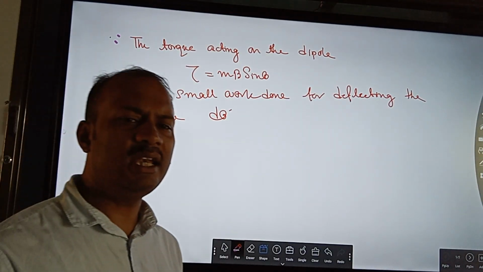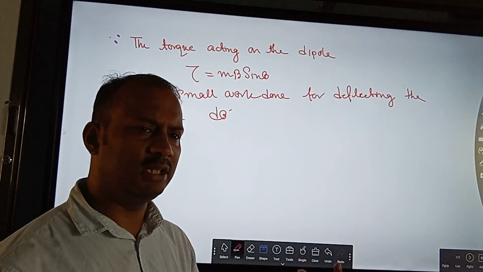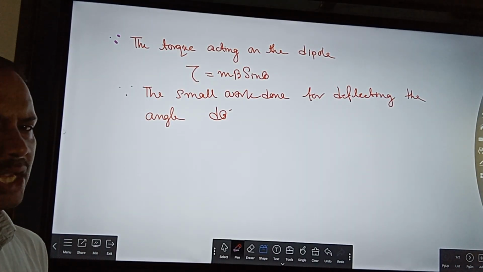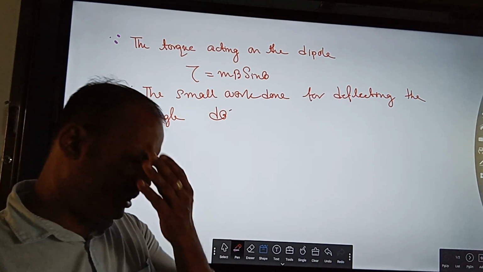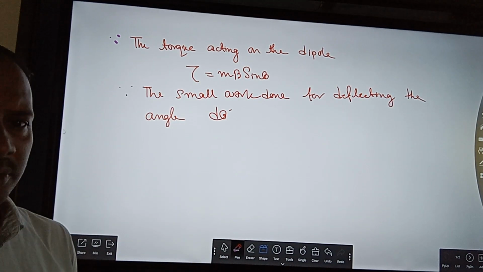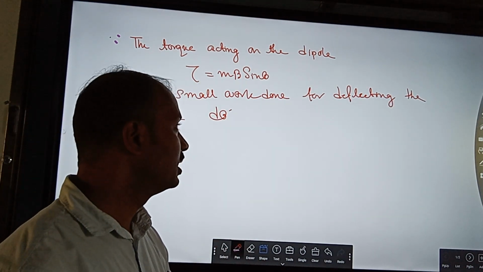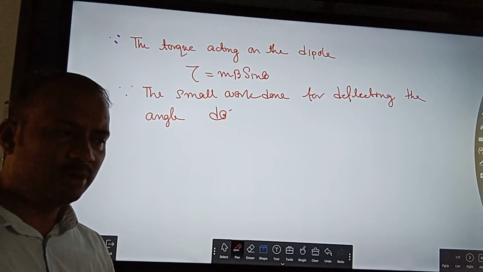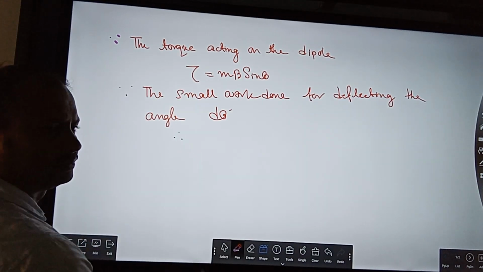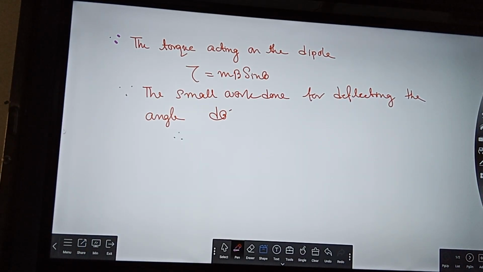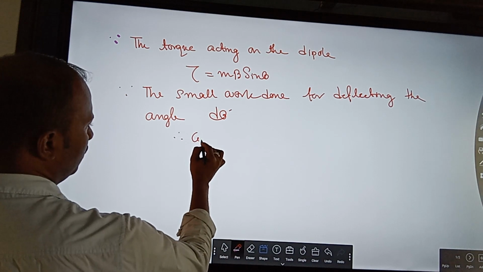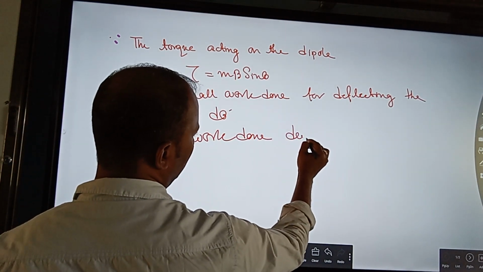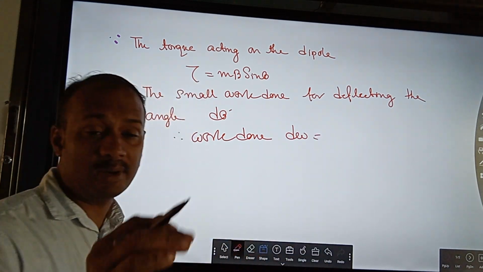Since the work done is small, therefore the angle deflected is also small. So for the small work done, the deflecting angle is d theta. Therefore the work done dW is equal to, इसका फॉर्मूला क्या होगा?